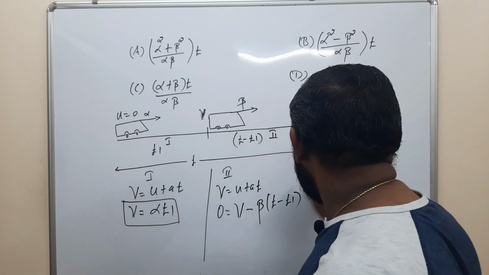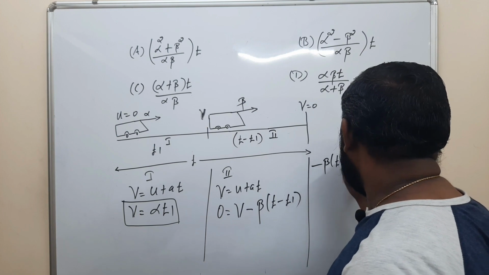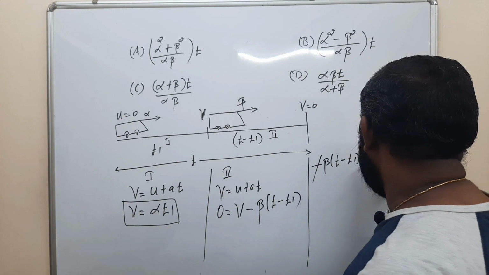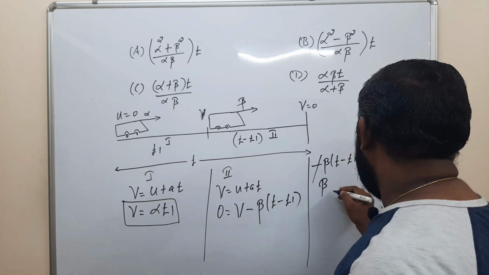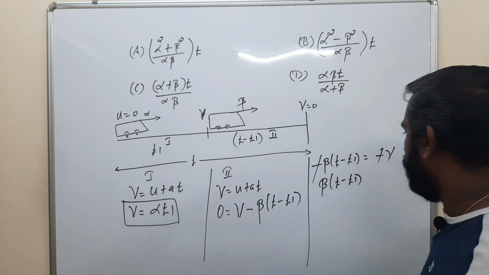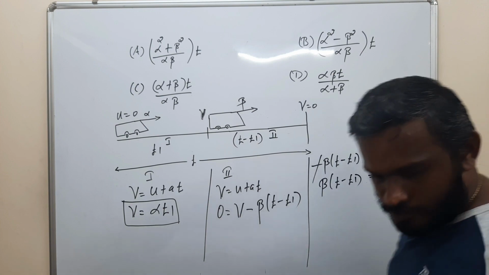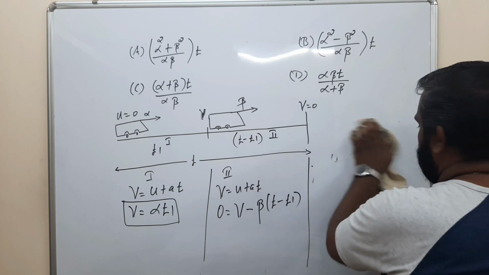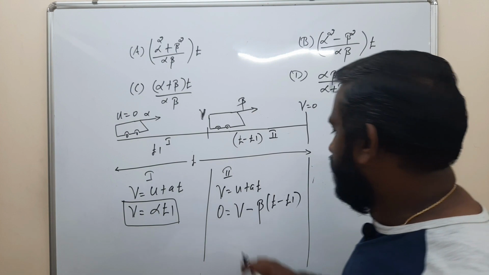So minus beta into t minus t1 is equal to minus v. The minus signs cancel, so beta into t minus t1 is equal to v.